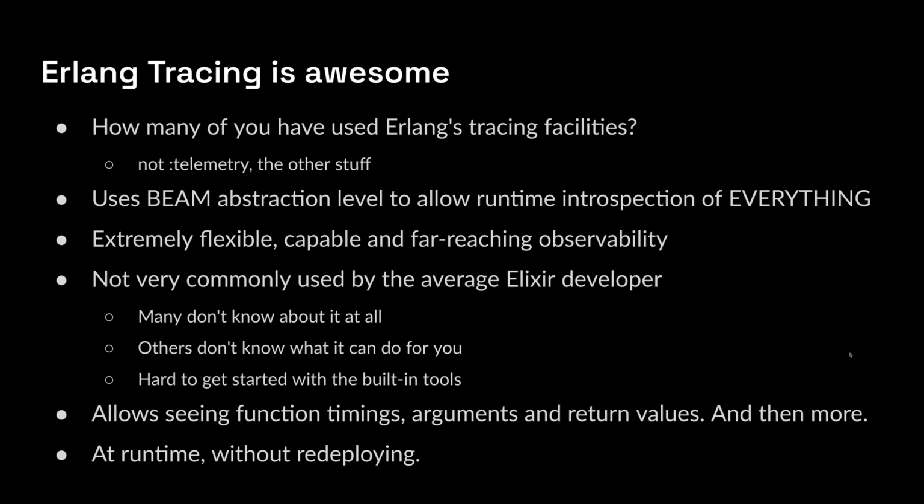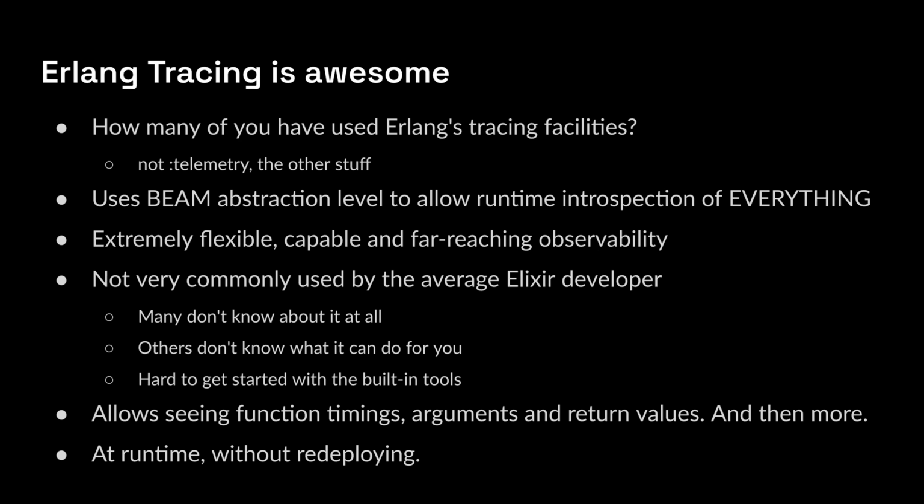So it uses these nice abstractions of our runtime to achieve this, and it is very flexible, incredibly capable, and to my knowledge, most Elixir developers don't know about it or haven't used it, or when they would have had a need for it, it's kind of complicated to get started with if you haven't installed the right libraries and all that.